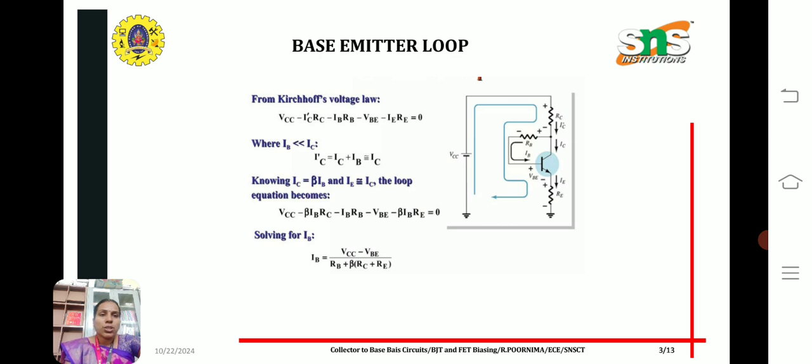From this condition, applying IE equal to IC plus IB, and substituting the IC values, the loop equation becomes VCC minus beta IB RC minus IB into RB minus VBE minus beta into IB RE equal to 0. So we can solve for the base current from this equation.